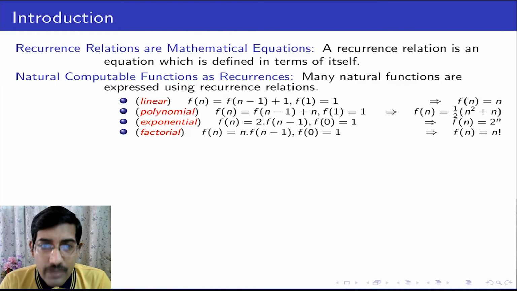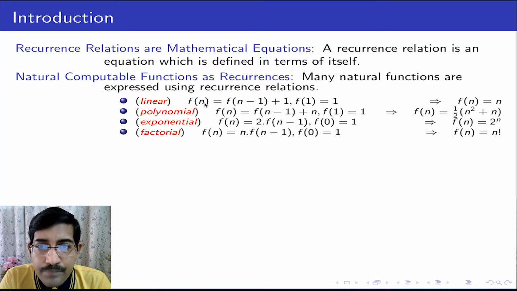To give you an example, our natural computable functions can also be expressed as recurrences, because when we say something is computable, we have some iterations or a fixed set of operations deployed over that function to compute the final result. So we could have linear functions, which we describe as f of n equal to f of n minus 1 plus 1.